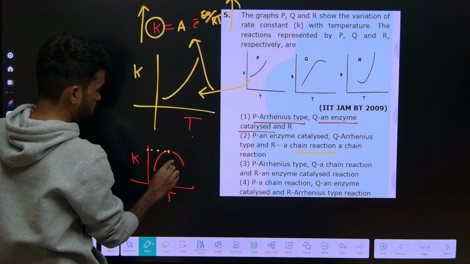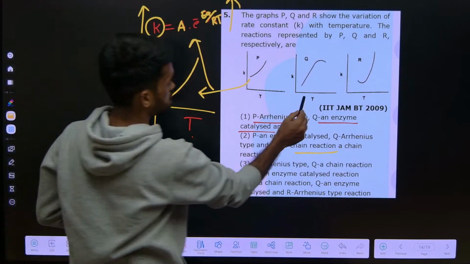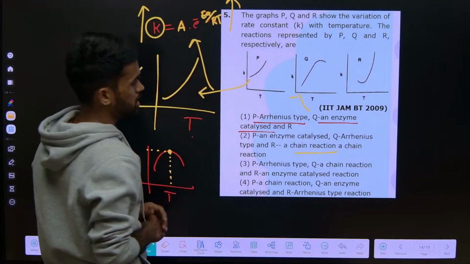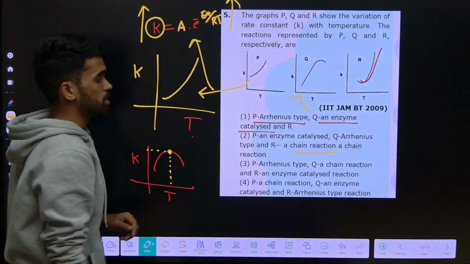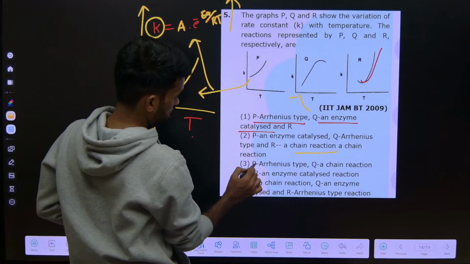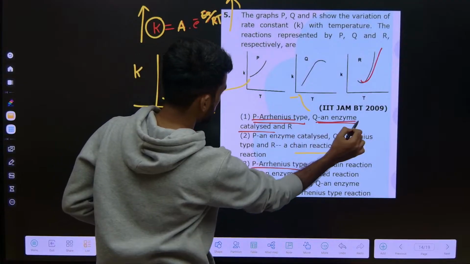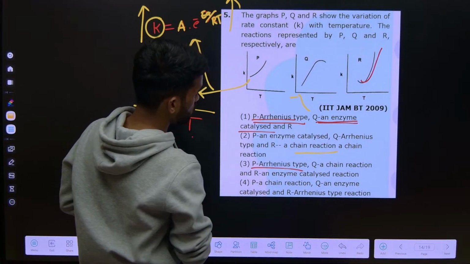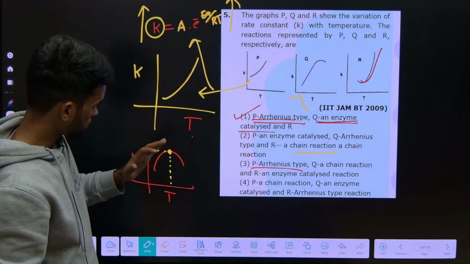We will see maximum efficiency here, a maximum reaction here. So this is for enzyme kinetics, enzyme catalyzed reaction, and this curve represents the chain reaction. So you can say P is Arrhenius, Q is enzyme catalyzed, and R is for chain reaction. So option 1 will be perfect here.